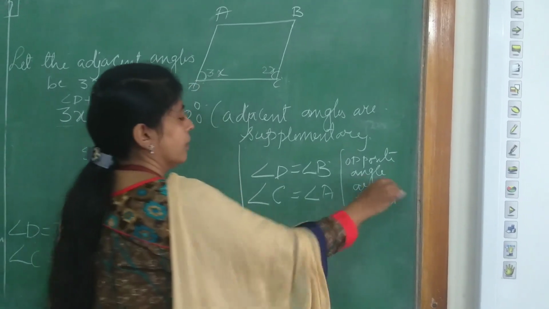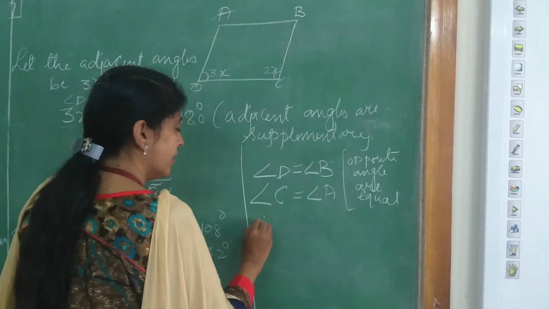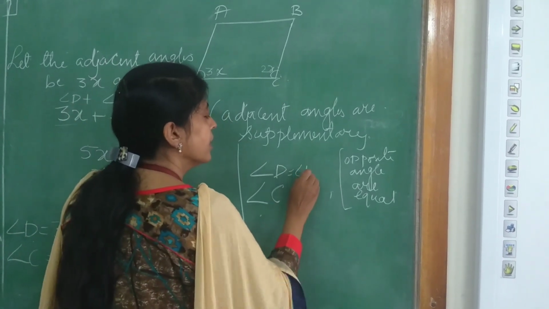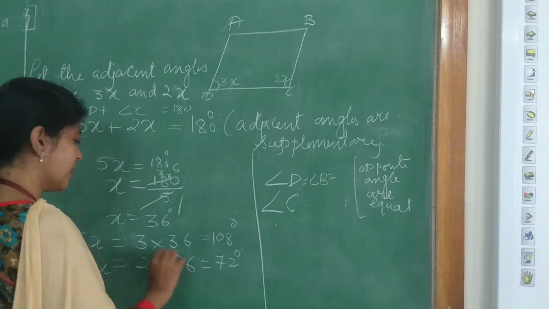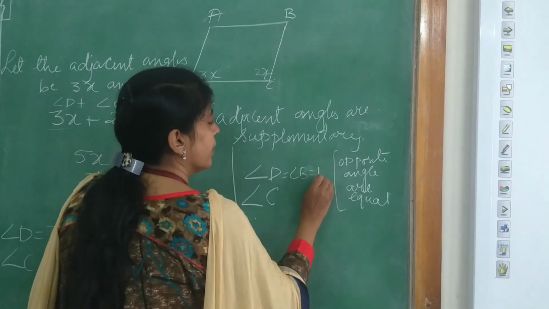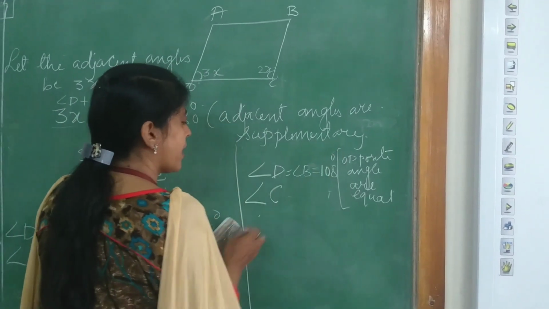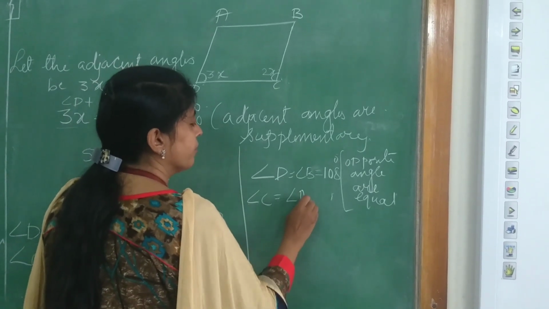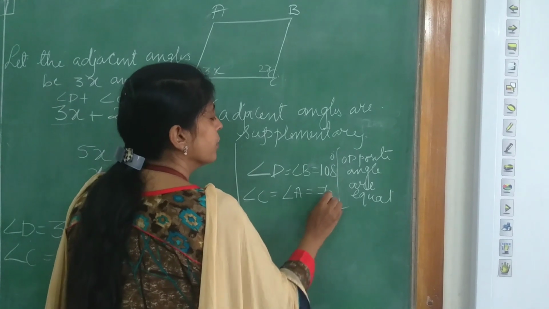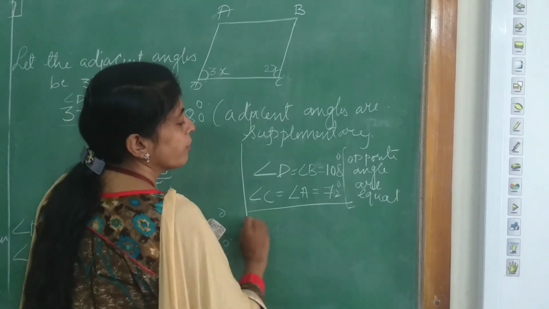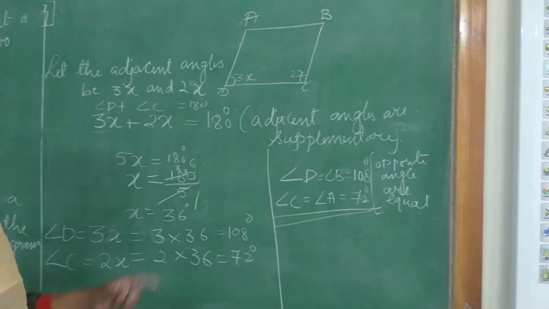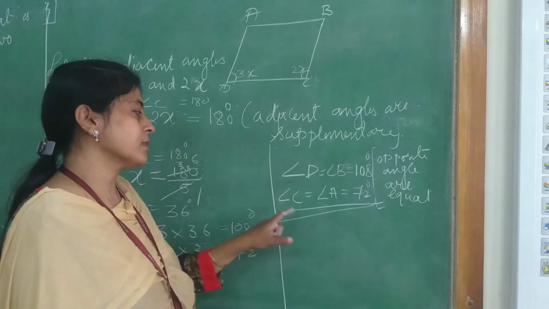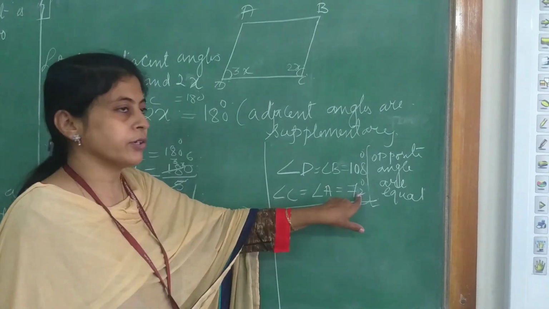So angle B and angle D are equal to 108, whereas angle C is equal to angle A, which is 72 degrees. So now we know all the angles of the parallelogram: B and D measure 108 degrees, whereas C and A measure 72 degrees.